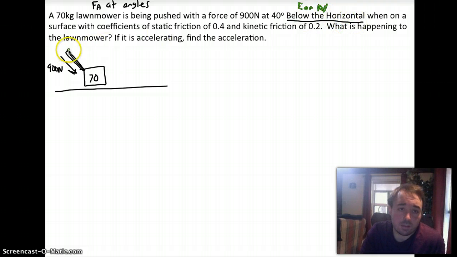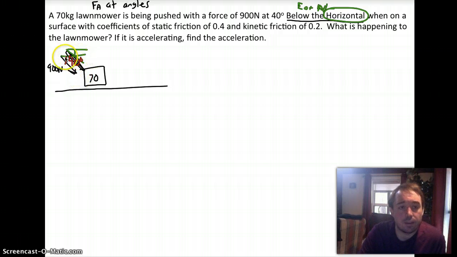Well, the horizontal is this. So horizontal says we're not horizontal, we're below it, so below is kind of like south. So our angle is that angle. So as drawn, switch to red, this part would be our 40 degrees. And I'll redraw this in a second so you can see it. But this angle right here, it would be 40 degrees.